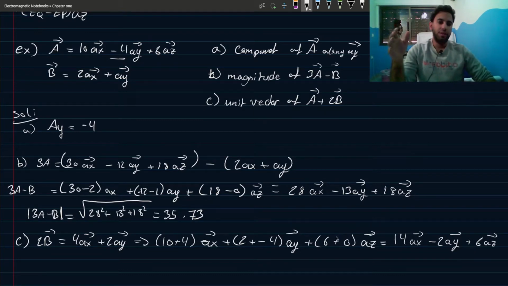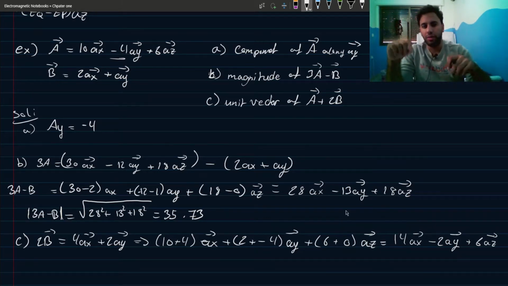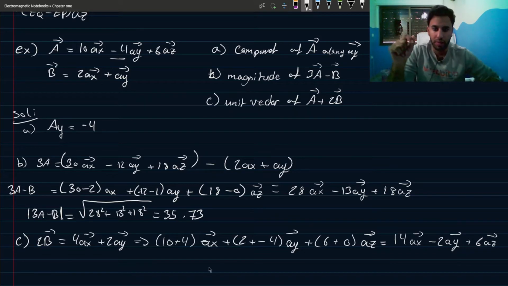That is the value of A plus 2B, but that's not the final answer. The final answer is the unit vector of A plus 2B. Let's call this C to make things easier for us.